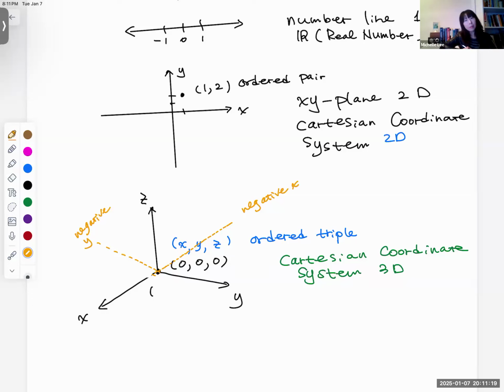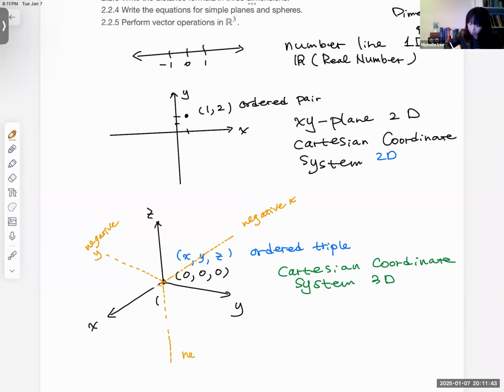This is x, and the z-axis: this is 1, 2, 3, 4, 5, 6, and so on, right? And this part is negative: -1, -2, -3, and so on, right? So this is negative z.